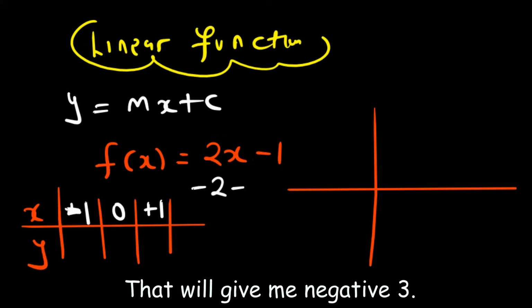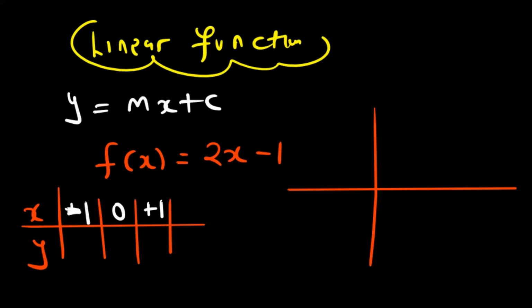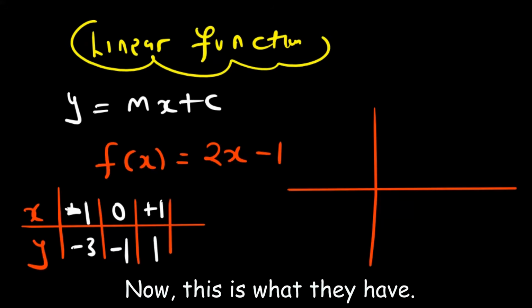That will give me a -3. If I put a 0 here, 0 multiplied by 2 will give us 0. Then I'm going to remain with 0 minus 1, that will just be a -1. Then if I put a 1 here, it will be 2 multiplied by 1, which is 2. Then 2 minus 1 will be a 1.